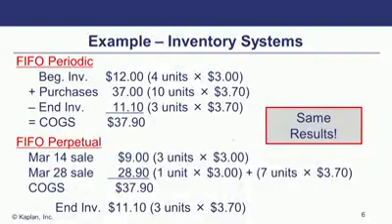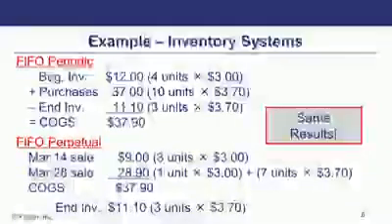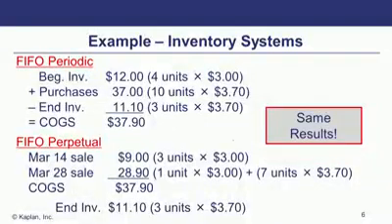Now then, we make a purchase on the 25th of March of 10 units. So our ending inventory has now gone up to 11 units at this stage. 1 unit remains of the beginning inventory at $3, and we've got 10 units currently of the new inventory at $3.70. Now when we make the 28th of March sale, we're assuming we sell 8 units.